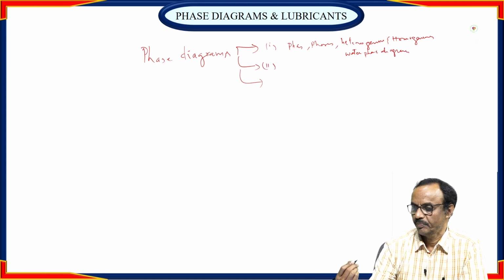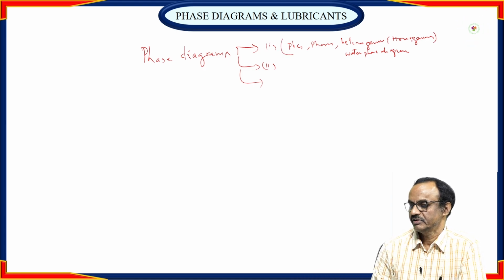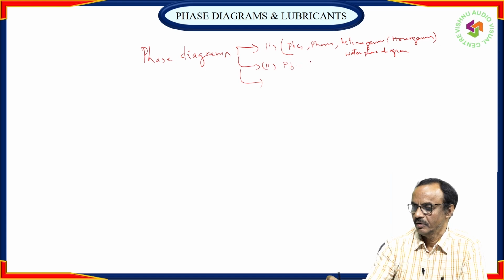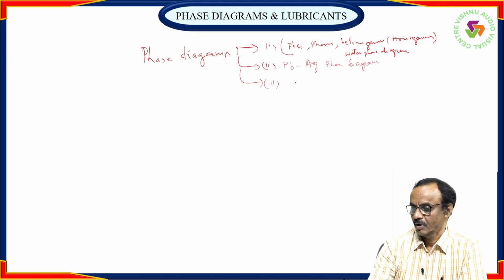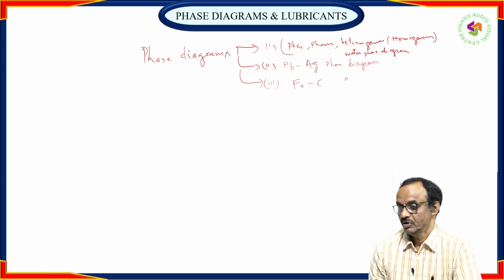Topic 2: lead silver phase diagram. 3: iron carbon phase diagram. These are the 3 topics we need to discuss.